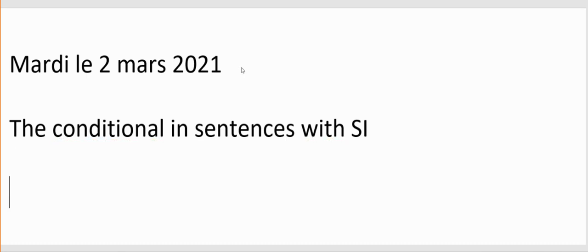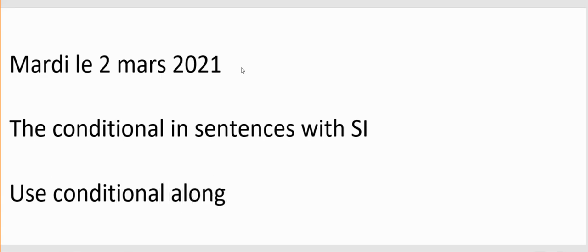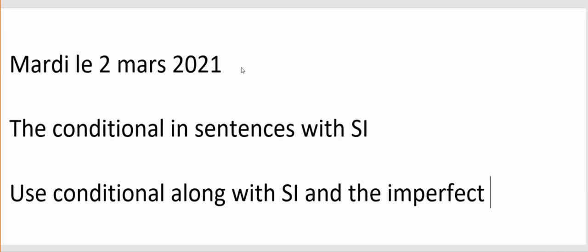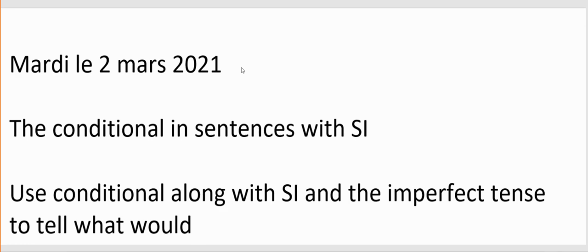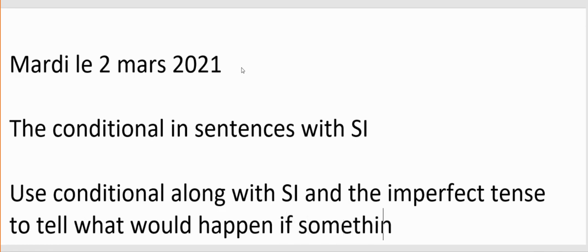So, like we said before, we use conditional along with si, okay, and the imperfect tense, to tell what would happen if something else happened. Okay. I'm really emphasizing on happened so that you understand that it is in the past. Right?